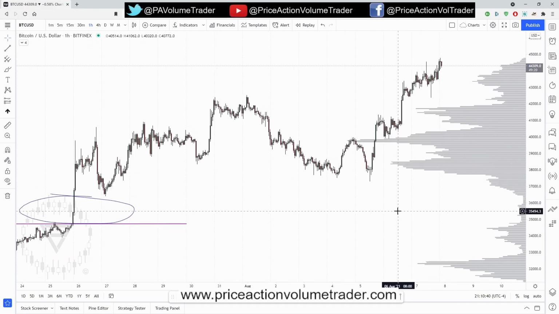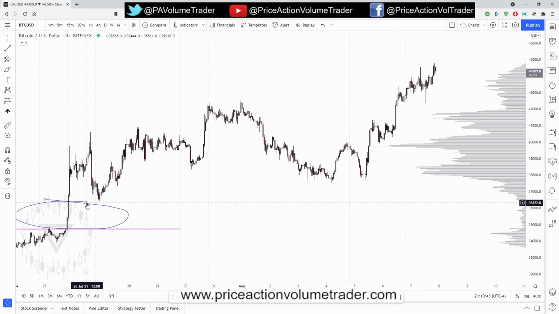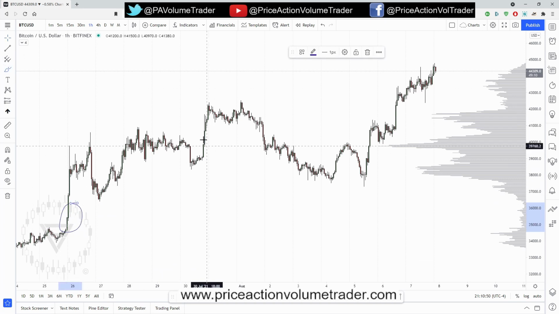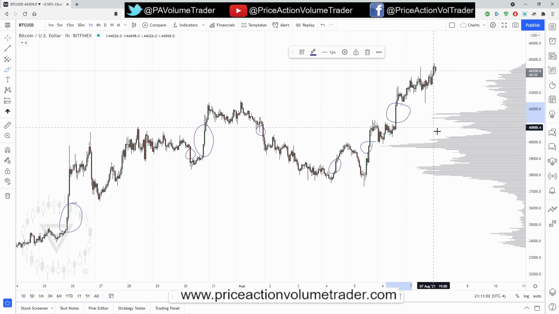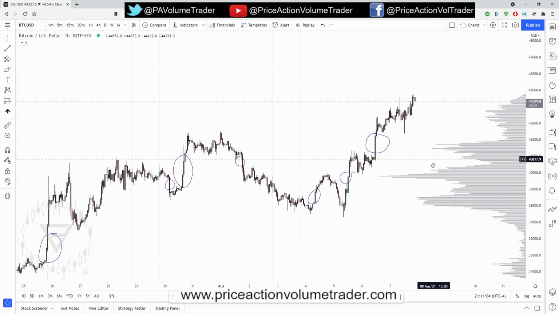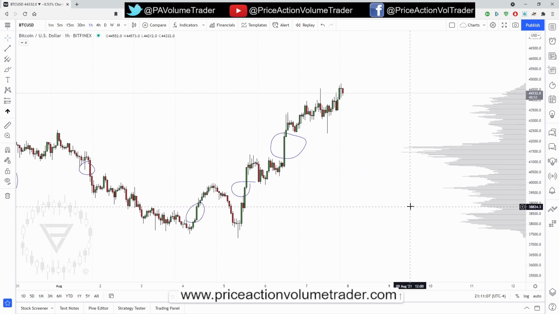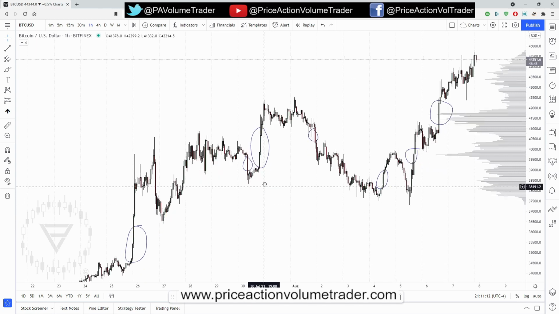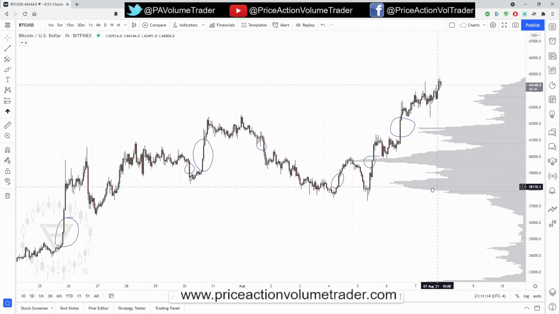So then you can see how we have common gaps everywhere over here. We have this breakaway, we have this here, this here, this here, this here, here, here, etc. What I would do now in Bitcoin, as you can see, the common gaps filled back up pretty quickly.